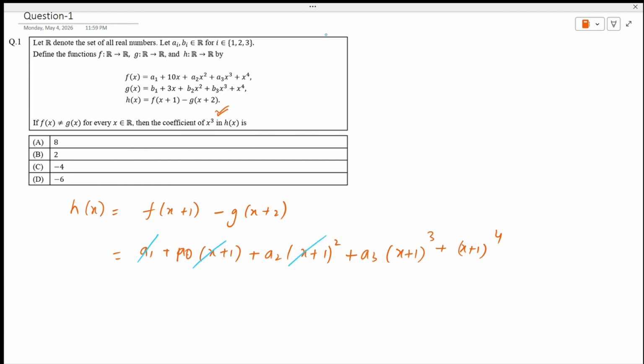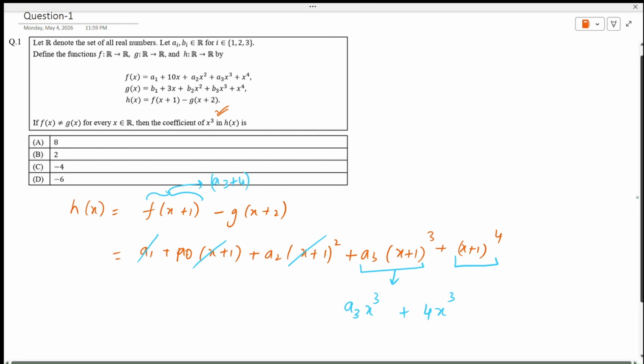In the third term we get a3 x cube, and from the fourth term, using a plus b whole cube, we get 4x cube. So the x cube coefficient in f of x plus 1 is a3 plus 4.